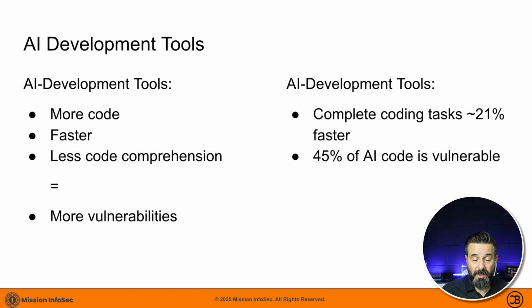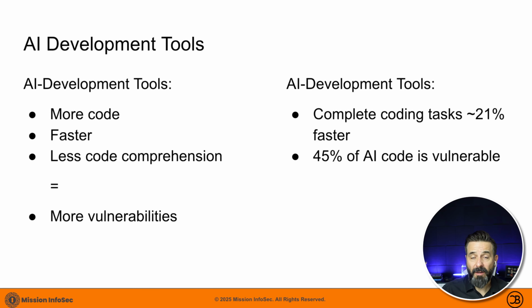more efficiently. And that goes back to a few studies that have been done. I know there are many studies out there, and some of them contradict each other, but as I looked across the board, the one that I felt was probably the most believable said that completing code tasks using AI development tools resulted in roughly a 21% increase in productivity.